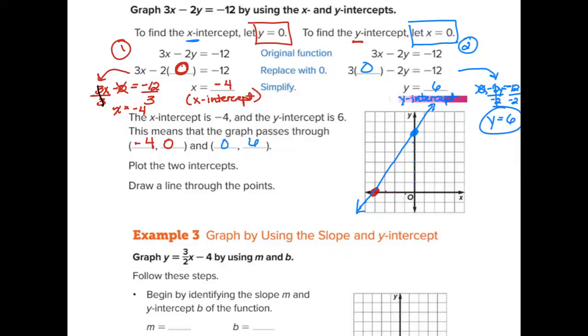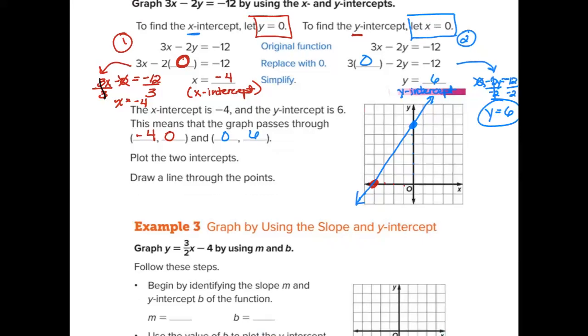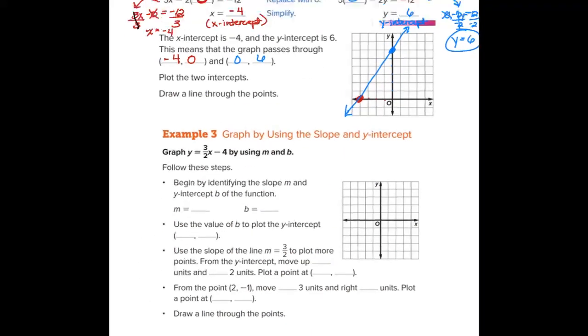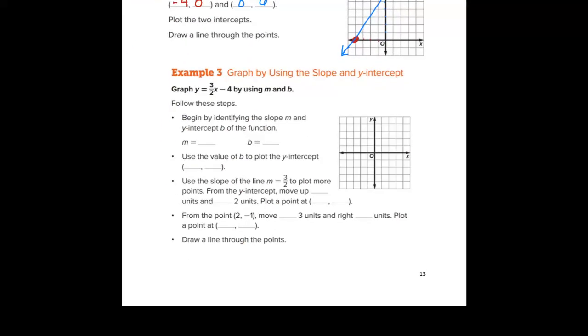So the thing I always had trouble with as a student is if it's the x-intercept, the y gets the 0. If it's the y-intercept, the x gets the 0. Right? Okay. All right. Good. Questions on that?